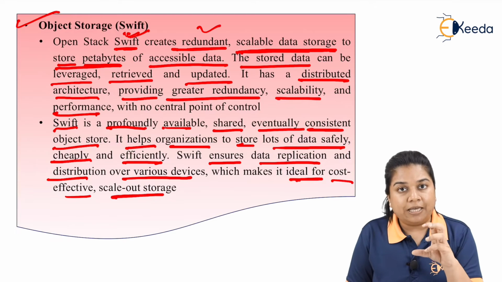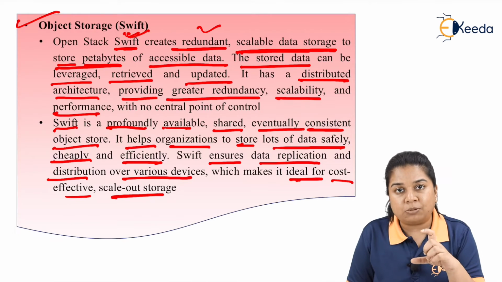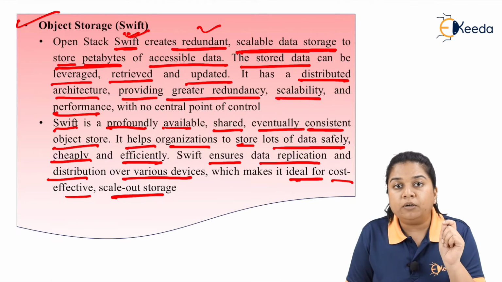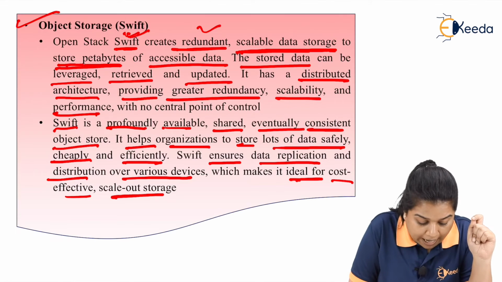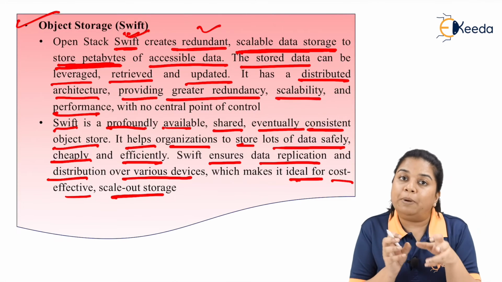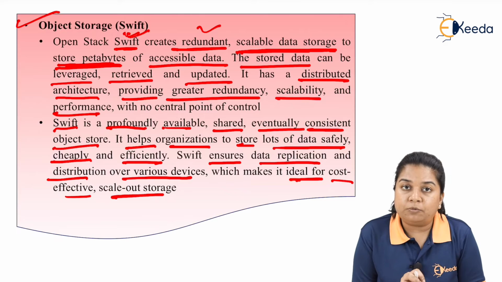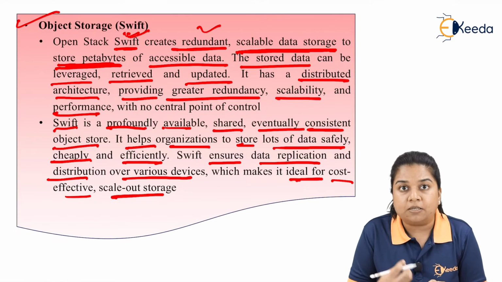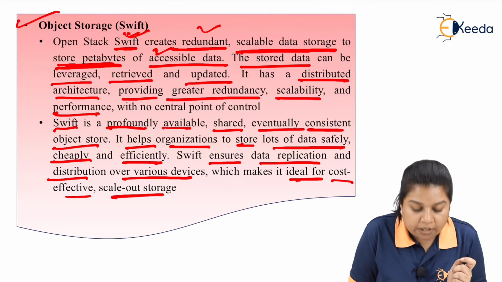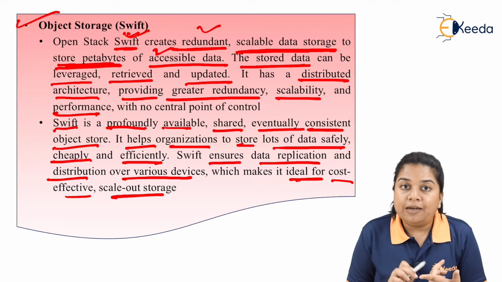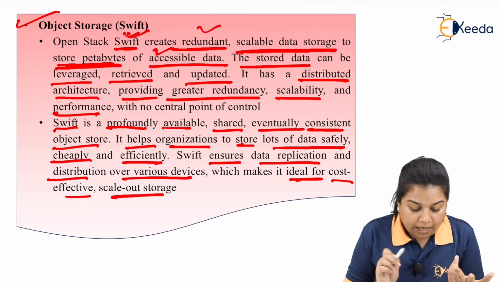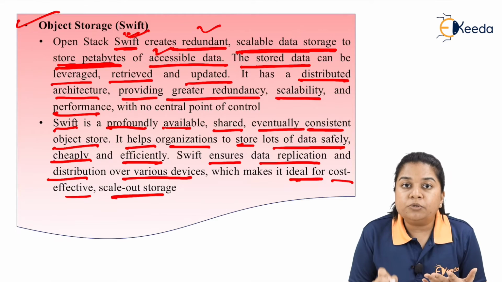That means scalability is one of the features of cloud computing, one of the quality of service parameters of cloud computing. So it provides scalability of data storage, and you can store petabytes of data into that type of storage, and you can access it with this particular Swift. The stored data can be leveraged, retrieved, and updated using Swift.